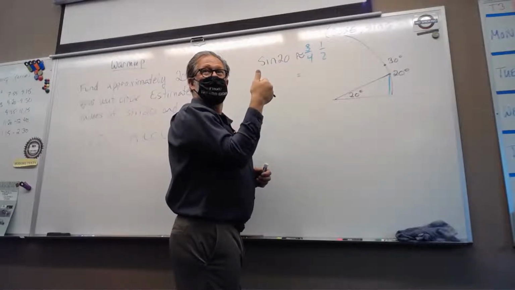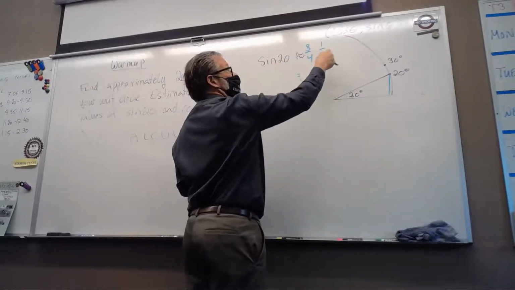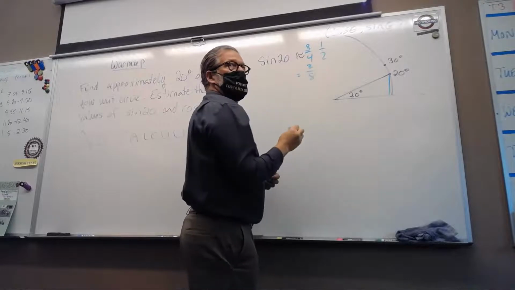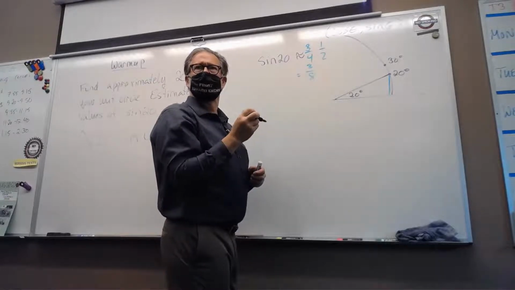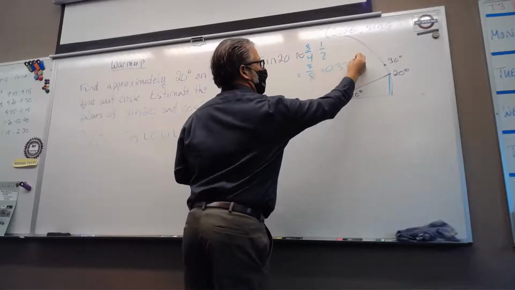Razzie, you want to help him? 3/4 of a half? 3/8. Right? 3 times 1, 4 times 2. And as a decimal, that's 0.375.